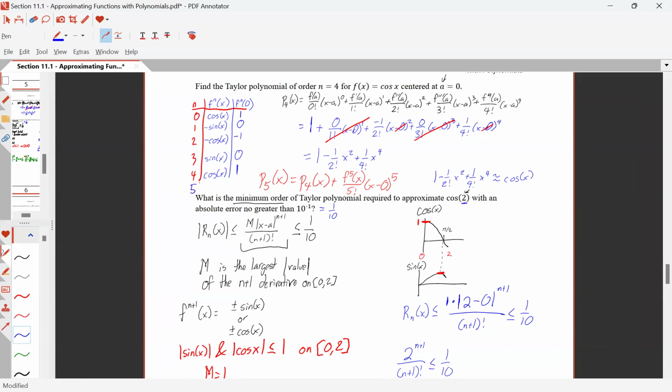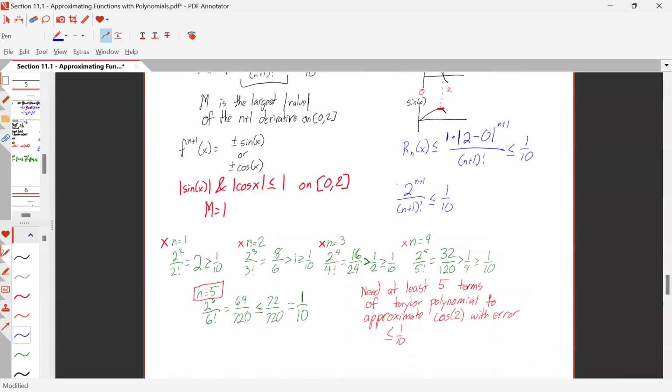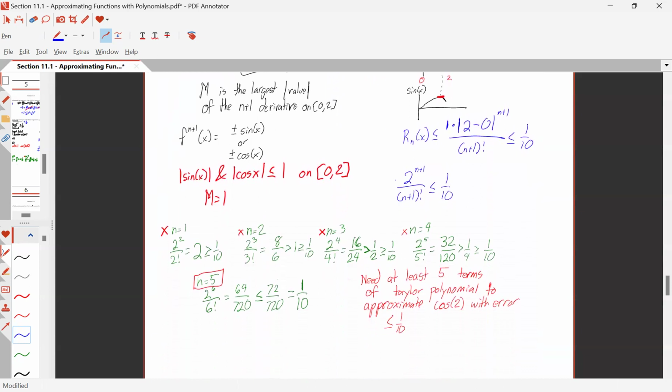Well, the 5th derivative of cosine is sine, and sine of 0 is 0. That means this term here is actually 0, and p sub 4 of x is equal to p sub 5 of x. So because that next derivative is 0, the 5th term polynomial gives us a small enough error.